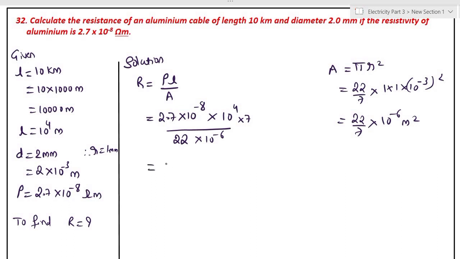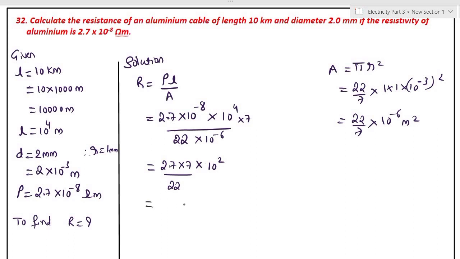2.7 into 2.7 into 7 whole divided by 22. So 10 to the power minus 6 goes to the numerator, it becomes 10 to the power plus 6 plus 6 plus 4, and into 10 to the power minus 8 it becomes 10 square.